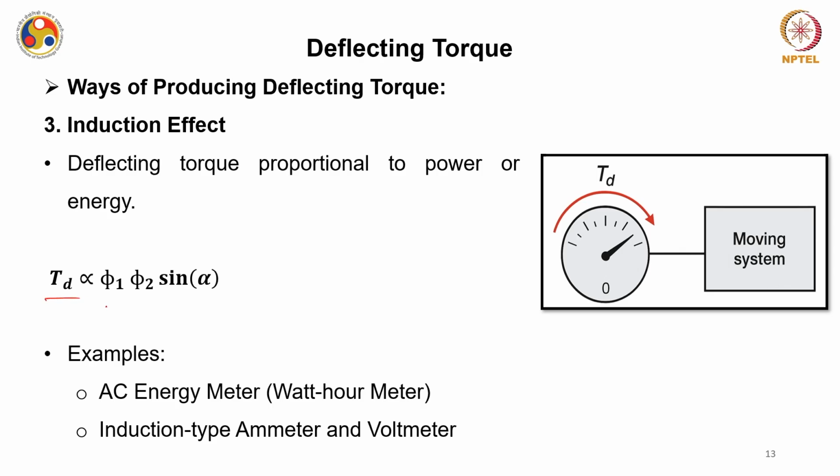As we have seen earlier, TD is proportional to phi 1 into phi 2, which are the fluxes in the two coils, and alpha is the angle between them. So, TD is directly proportional to phi 1 into phi 2 and sine of the angle between them. Examples can again be AC energy meters, induction type voltmeters or induction type ammeters.